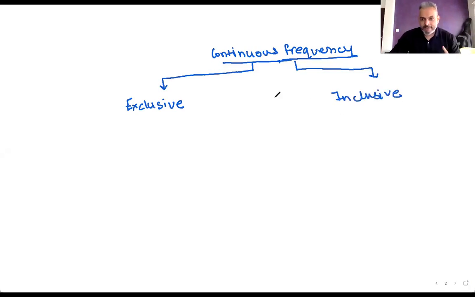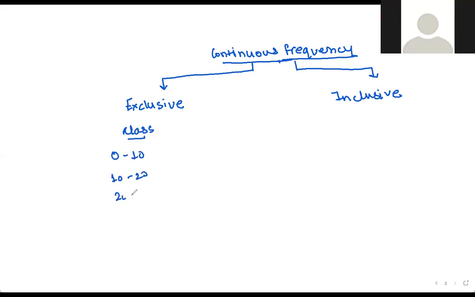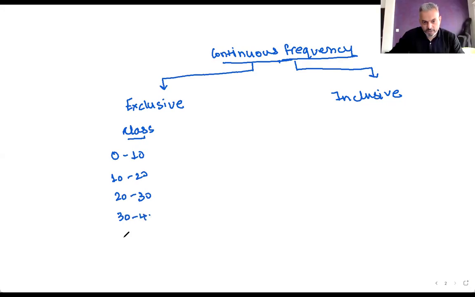Now, let's understand what is exclusive and what is inclusive. Say a class like this, 0 to 10, 10 to 20, 20 to 30, 30 to 40, and 40 to 50. This type of class is exclusive. Why? I will come to it.